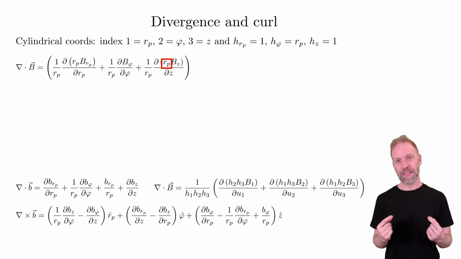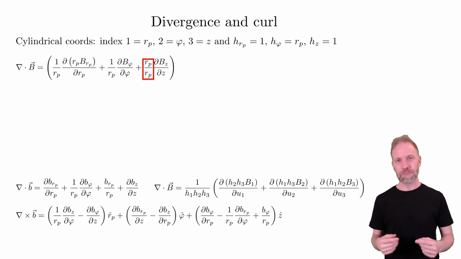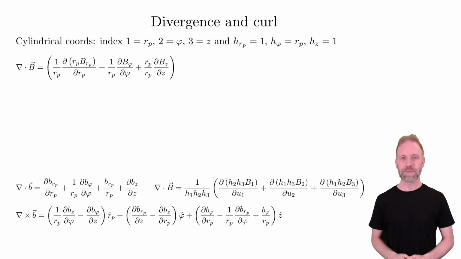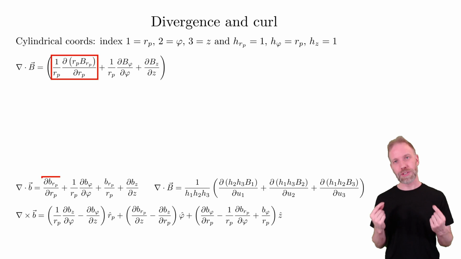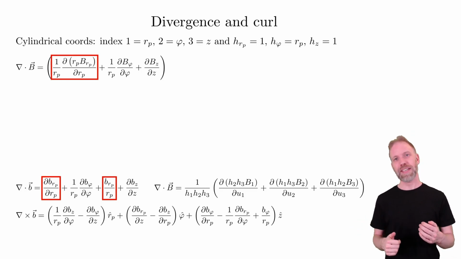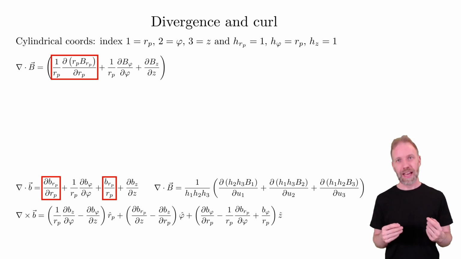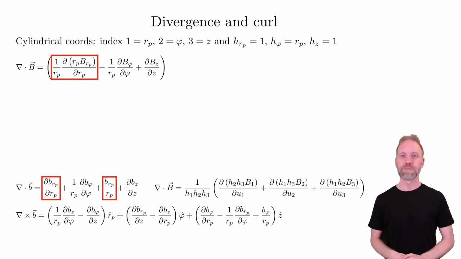Rp is not the function of Z, and we can remove Rp over Rp. Again, if we would apply the product rule, this term becomes the two selected terms from our old expression for the divergence. Hence, we can conclude that we get the same expression using the general equation as from the vector gradient.